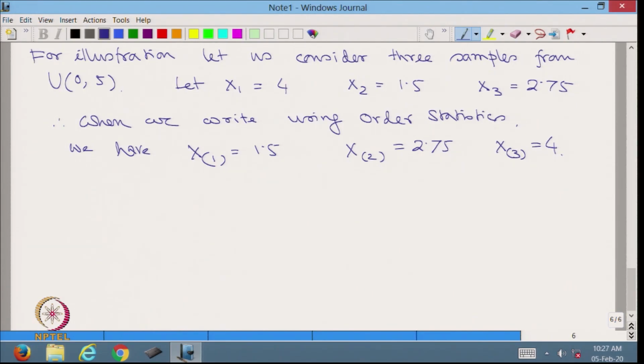That is, the smallest of the 3 random variables is taking the value 1.5, the second smallest is taking the value 2.75 and the largest of them is taking the value 4.